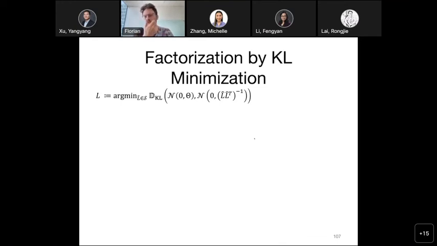A natural way of deciding what the optimal one is, because we think of them as covariance matrices of Gaussian processes, is to use a probabilistic notion of similarity. For instance, the KL divergence between the original Gaussian process and the Gaussian process implied by our inverse Cholesky factorization.